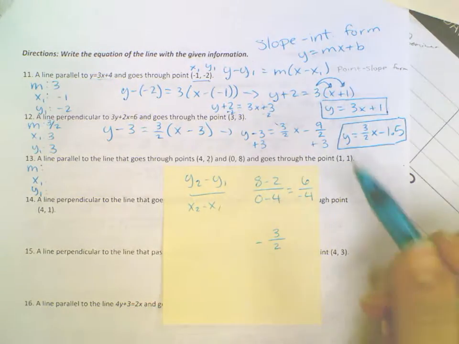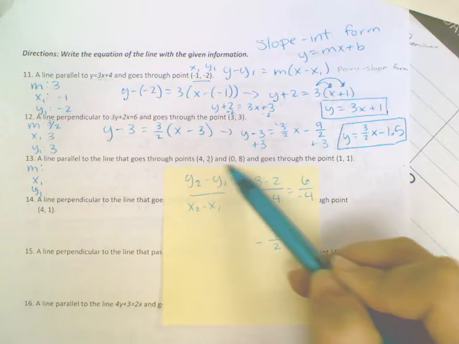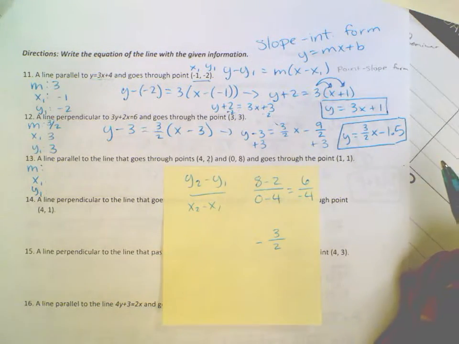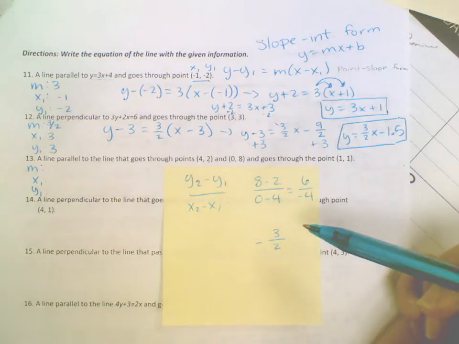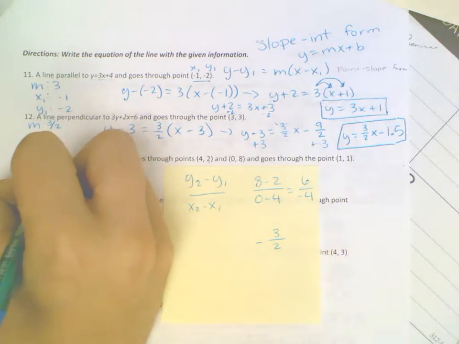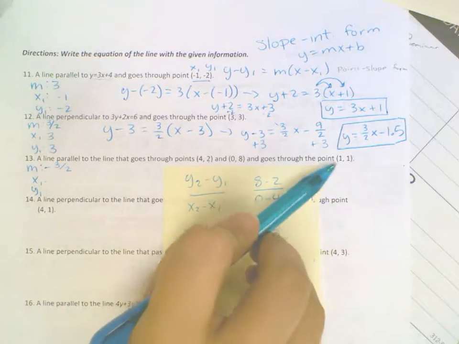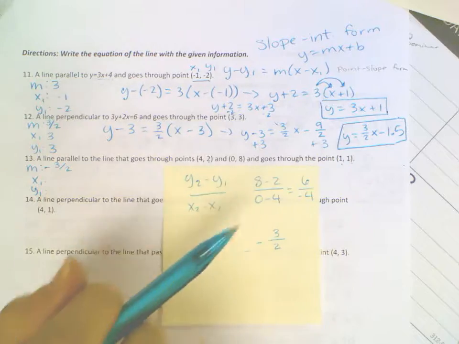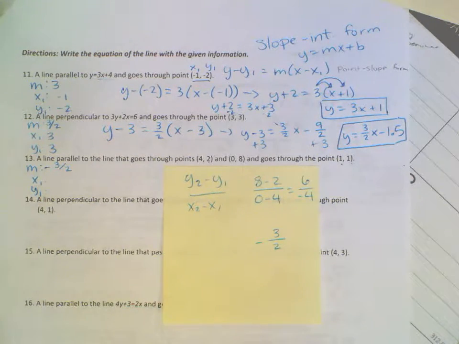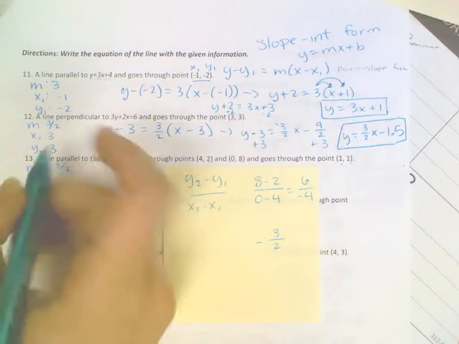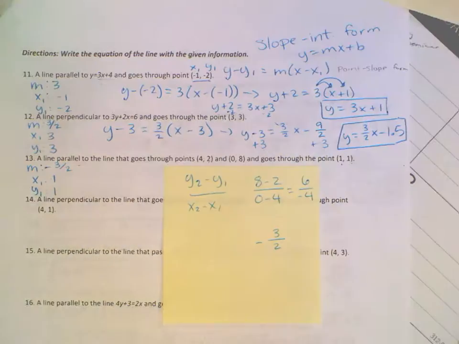So the slope of the line going through these points right here is going to be -3/2. And the slope of the line parallel to that will also be -3/2. I know my x1 and y1 come from the point of the line that I'm writing. The line I'm making will go through this point, so x1 is 1 and y1 is 1.